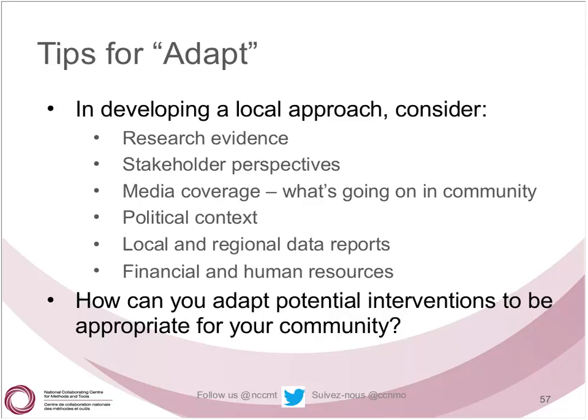If you don't have a lot of water sources around, maybe you don't need to worry about boating safety in your community. Where I live, it's an island, so we have lots of boating, and so that might be really appropriate. Financial and human resources can come into your decisions as well. So the overall question is, we found some interventions that seem to work. Will they be appropriate for our community?